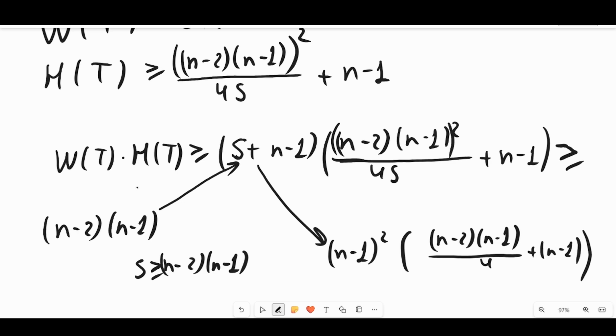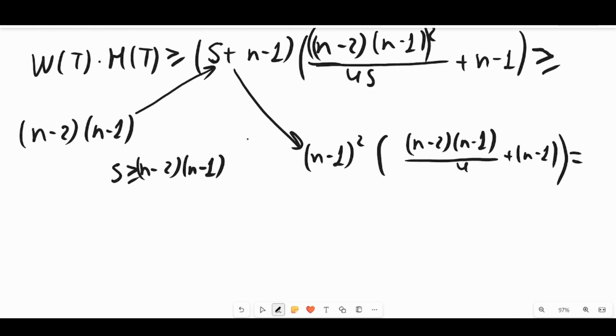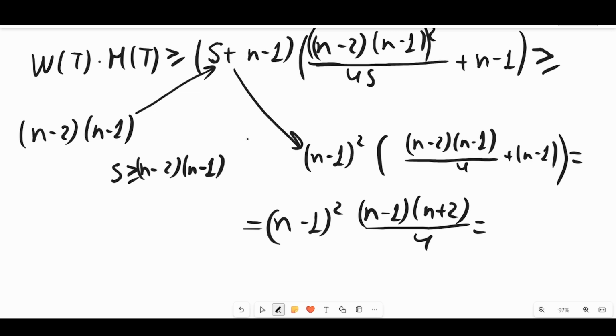And clearly this equals (n minus 1) squared times, if we add these two numbers, we get (n minus 1) times (n plus 2) over 4. And this is what we wanted to show, that this equals (n minus 1) cubed times (n plus 2) over 4. And this was our initial inequality, and we have shown that W of t times H of t is greater or equal to (n minus 1) cubed times (n plus 2) over 4.